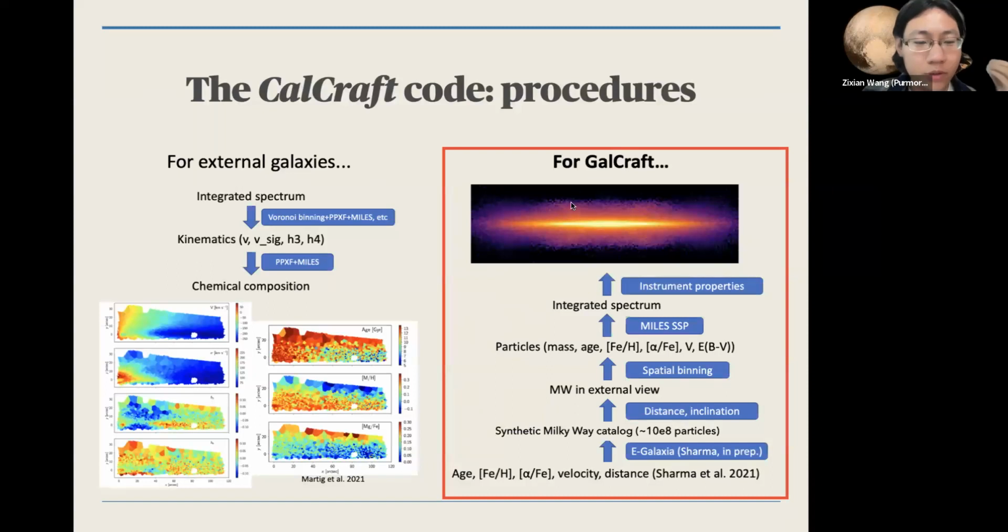Then if I compare my true answer to the pPXF measurements, are they consistent? This is the question I'm very interested in, because for previous studies, there are so many people trying to use pPXF to do so many things, but there is a lack of a very comprehensive test to tell you if pPXF can do some things well, and if it cannot do other things well. But with the Galactic Milky Way, I can do that.